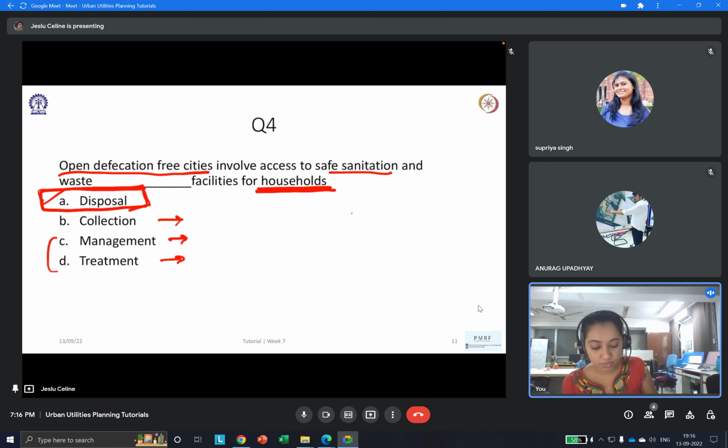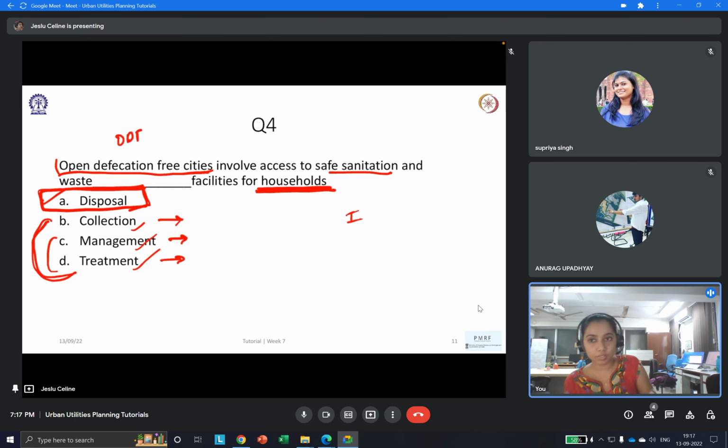We need to first look into how we are going to dispose of the whole thing, and based on that we plan how to collect it, how to manage it, and how to treat it. So it all starts with the disposal unit. If you look here, they've asked mainly for open defecation free cities, that is ODF cities.